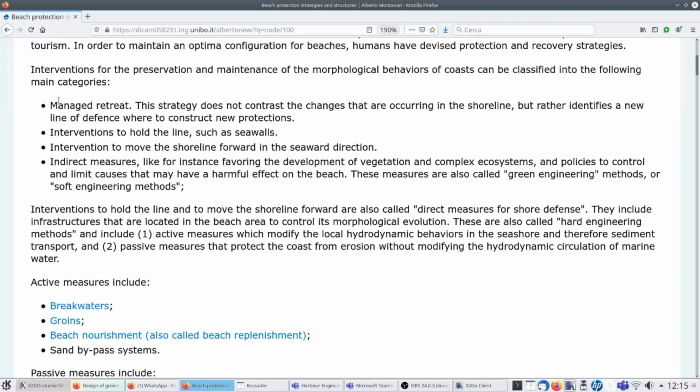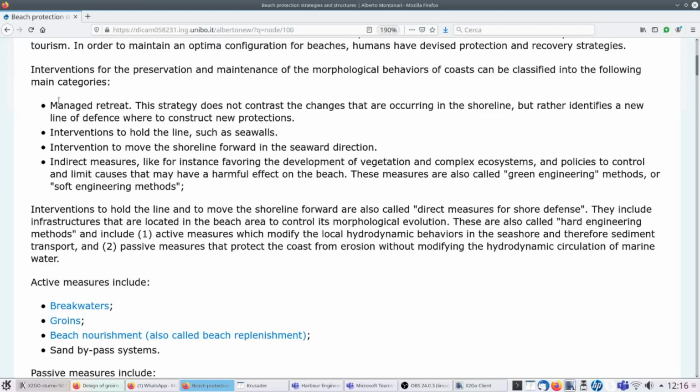Or we may intervene, and interventions may be classified according to 3 categories. There are interventions to hold the line, the shoreline, such as seawalls. There are interventions to move the shoreline forward in the seaward direction, and these are, for instance, beach replenishments or any intervention that stimulates accretion of the beach. And then there are indirect measures, like, for instance, green engineering methods.